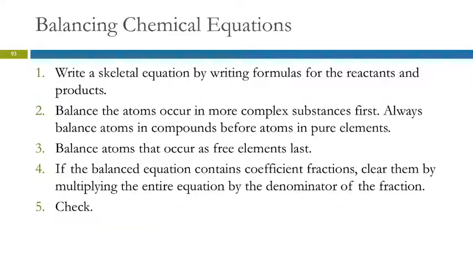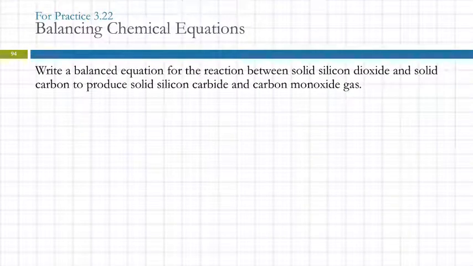So let's do a couple of examples, and we'll get a little bit of a review of nomenclature here too. Write a balanced equation for the reaction between solid silicon dioxide and solid carbon to produce solid silicon carbide and carbon monoxide gas.